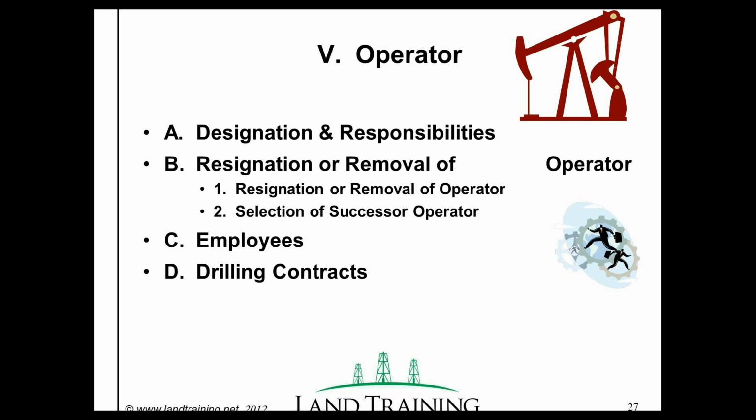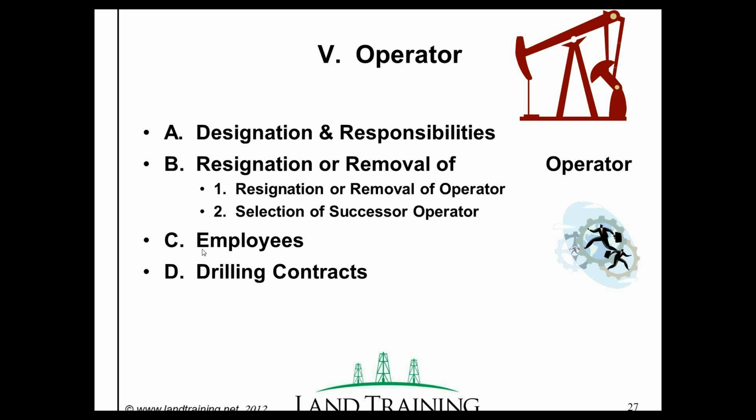And if you're the operator, you've already incurred some expenses, and so we make it a little bit difficult for you to remove that operator, but still you can remove it, whereas in other joint operating agreement forms you could not. And then it says how to select the successor operator.